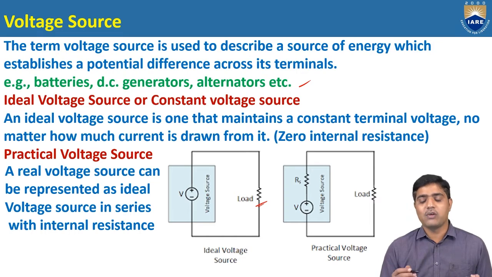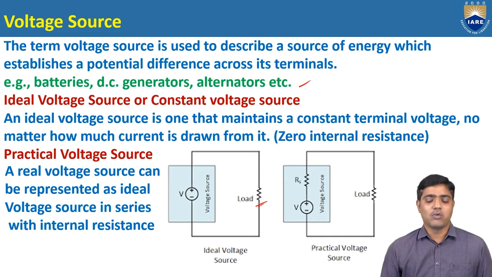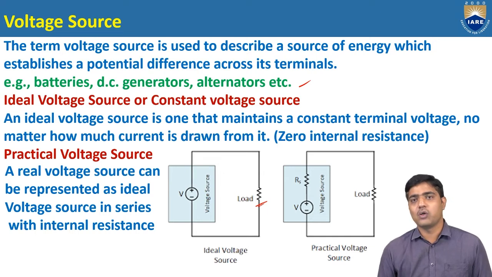But if an ideal voltage source is connected, whatever the load current drawn by the load, there won't be any change in the terminal voltage. That voltage is maintained as a constant.